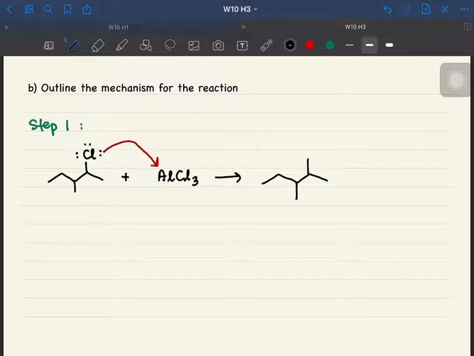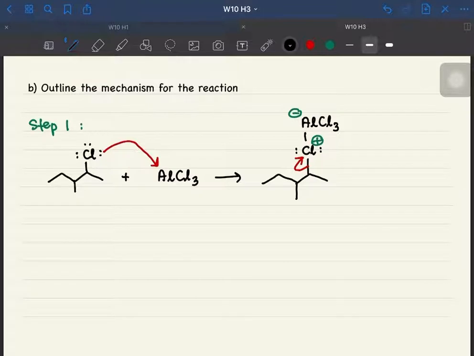At this chlorine, we have already donated one of the lone pairs to form a bond with the AlCl3. If we check the formal charge, this Cl will have a positive charge while this Al is going to have a negative charge. You need to choose whether you want to break this bond already or not. Since we already have 2 alkyl groups attached to the carbon bearing the Cl, we can simply break the bond because they are already stable.